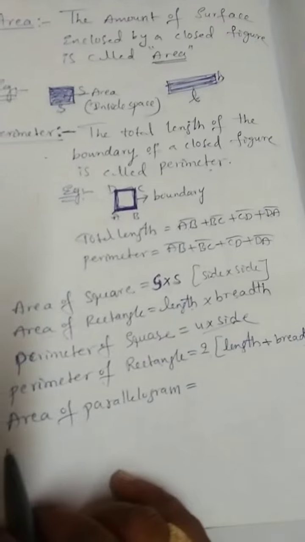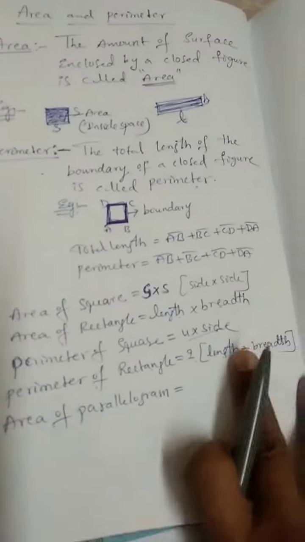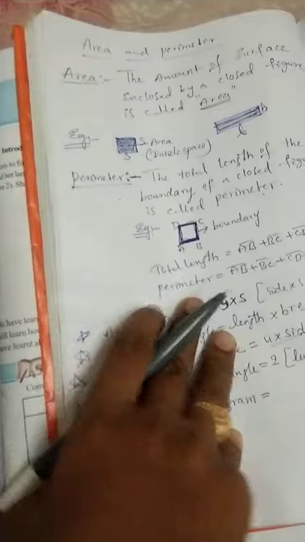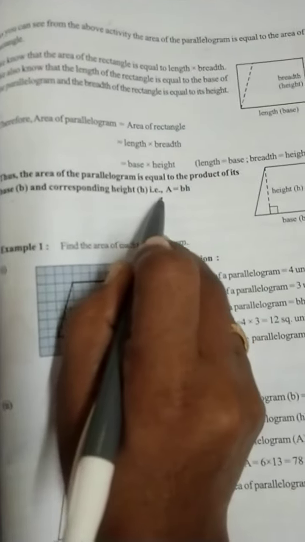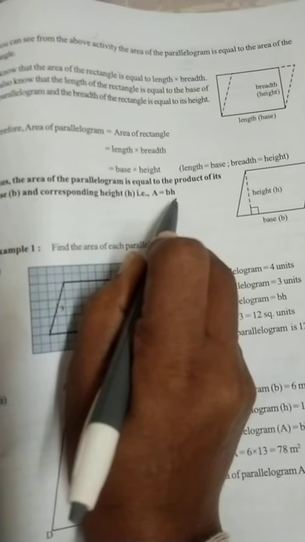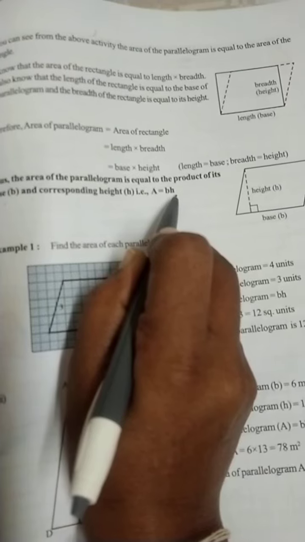Next, one more formula, it is given in the textbook itself, so I am giving it for you. The area of a parallelogram is equal to the product of its base and corresponding height. So A is equal to BH. B means base, H means height.